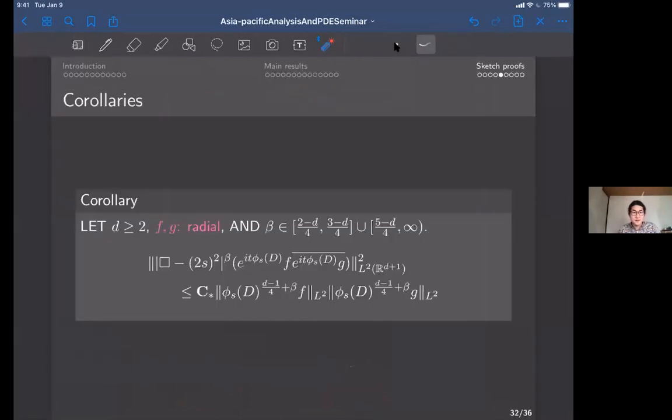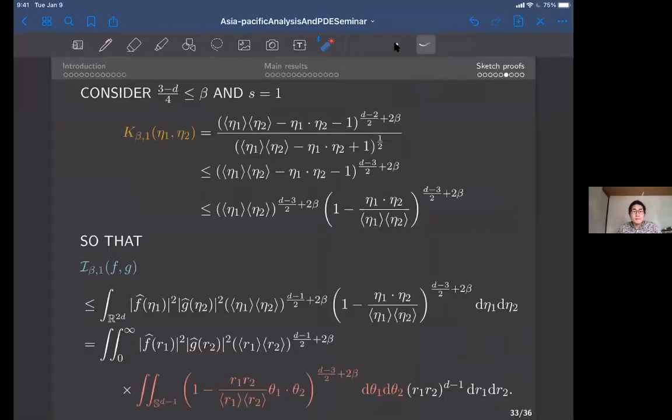And let me finish with the proof of the corollary to see how we get this gap. For this, let me only consider beta larger than or equal to (3 minus d) over 4, this number. For smaller numbers, it takes a few more steps. The basic idea: let me just do the simpler one, and also consider S1 for simplicity.